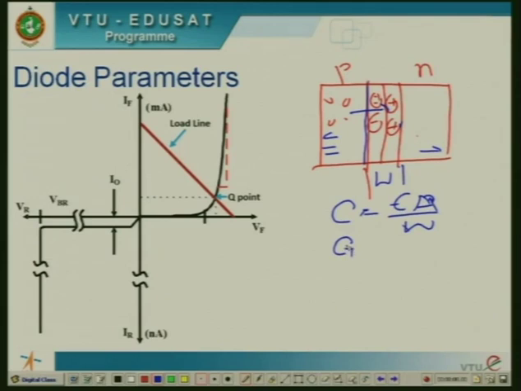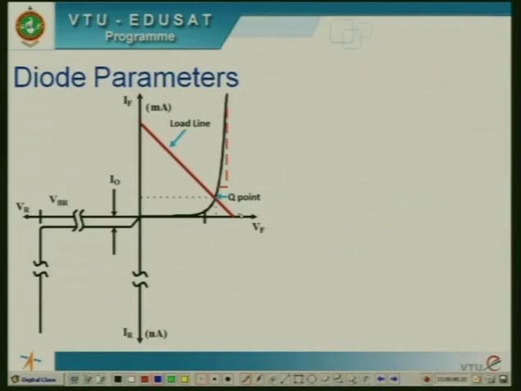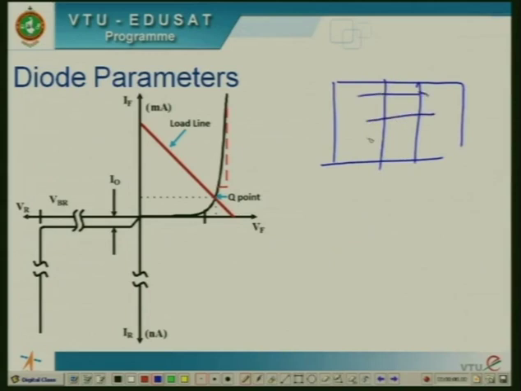When the diode is forward biased, the charge carriers diffuse from the P-type to the N-type material, and due to this diffusion current, a capacitance exists.